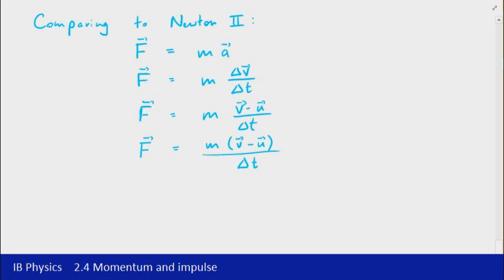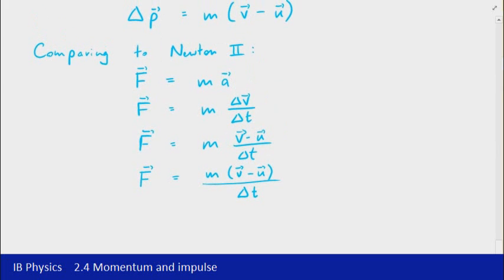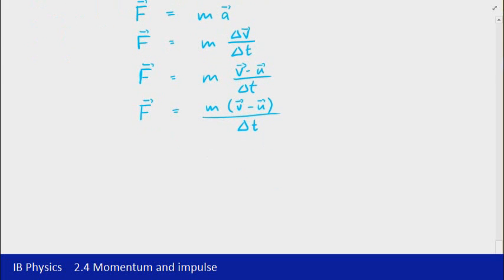Now we've already seen that m outside of v minus u is the change in momentum, or the impulse. So we have an equation now for force, or for Newton's second law, in terms of momentum. We can say that the force is the rate of change of momentum with respect to time.